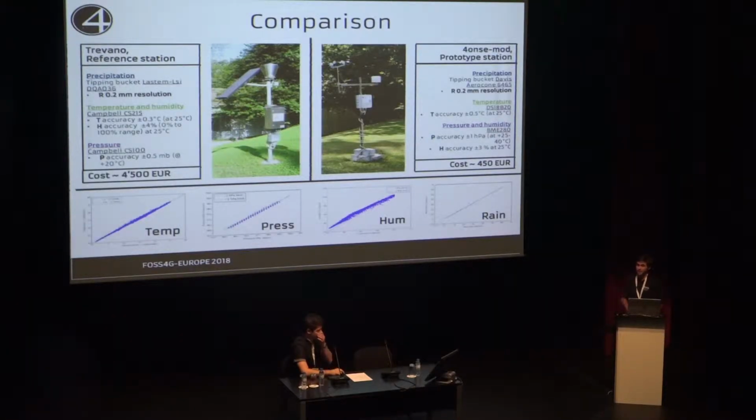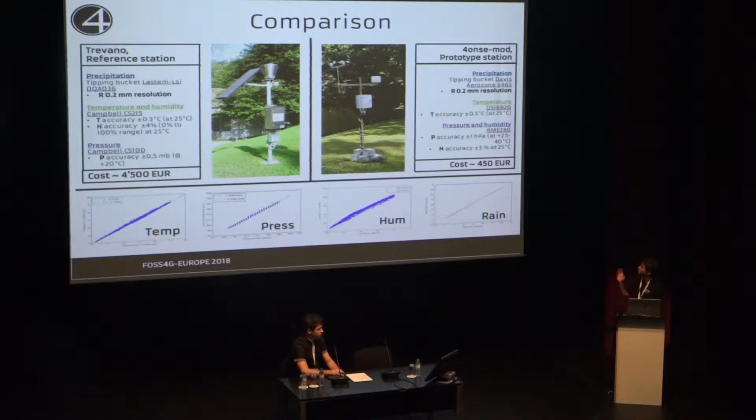But to see how the prototype works, and to be sure that this is something that is good enough, we compared in Switzerland the 4-ONs model with an official weather station of the Canton Ticino. It is called Trevano, and it has a cost of around 4,050 euros.